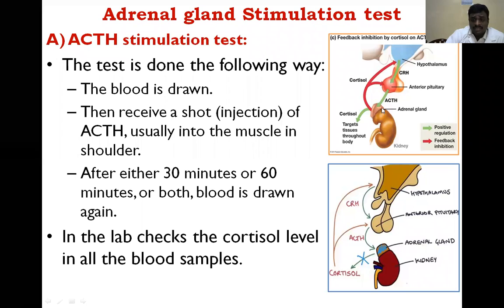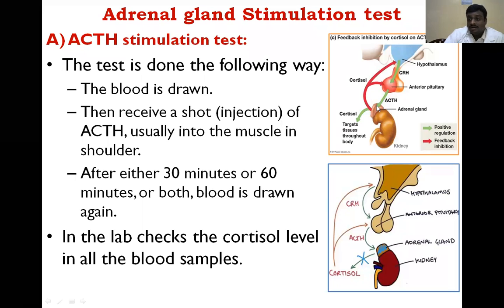Then we are estimating the cortisol hormone in the blood, whether it is normal or abnormal cortisol. Whenever we provide excess adrenocorticotropic hormone, there is definitely an increase of cortisol in the blood if the adrenal gland is in normal condition.